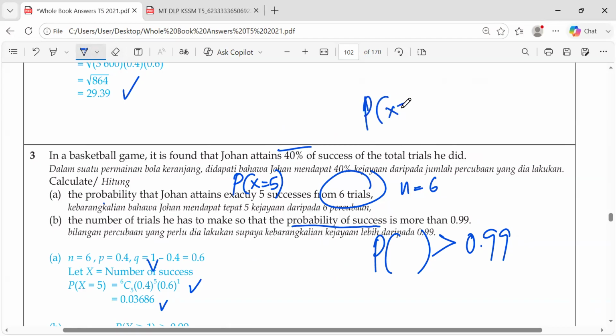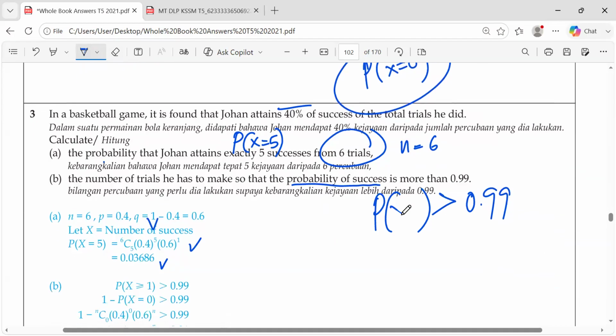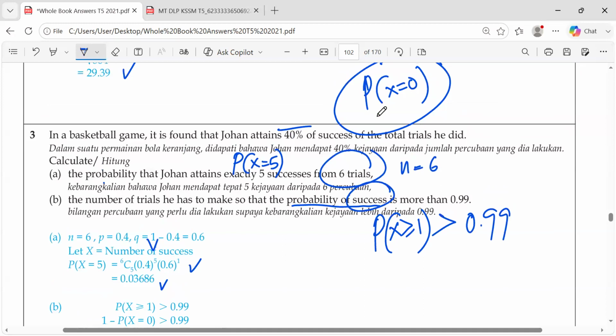The not success is 0. He must succeed, so it must be more than or equal to 1. It's not including 0 only. So X must be greater than or equal to 1. Success means he must succeed, so he won't fail.